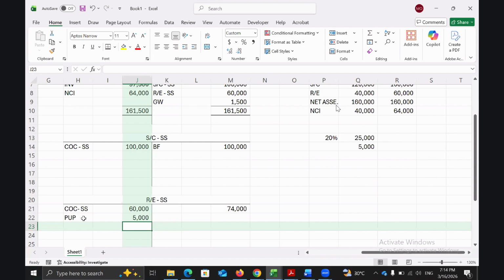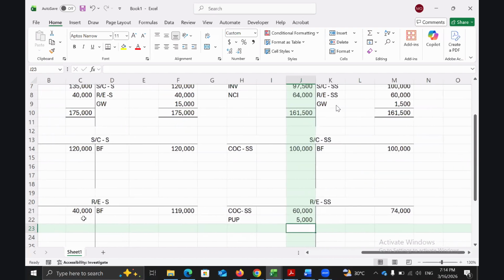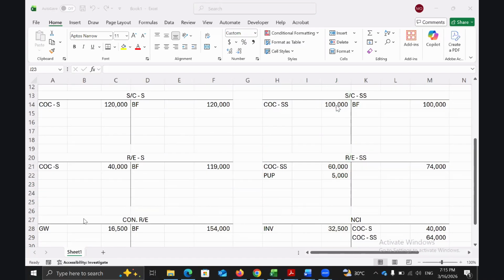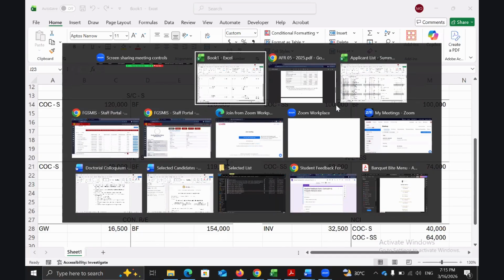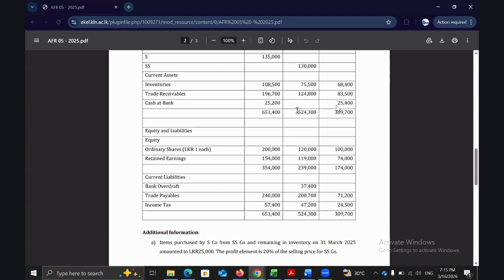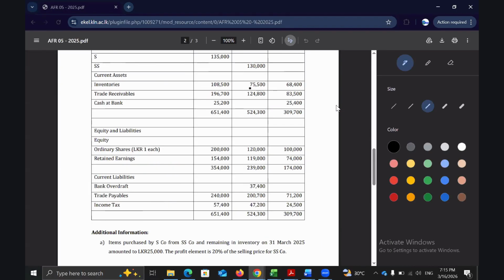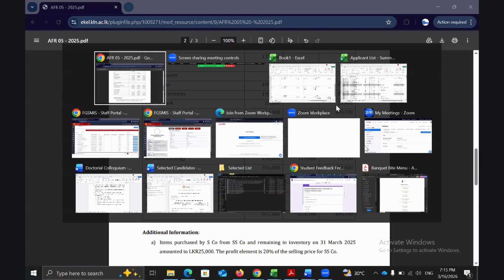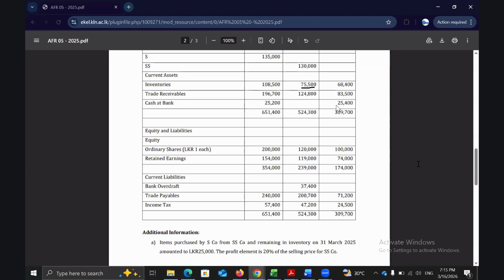And the same amount should be deducted from the inventory of entity S. Okay, we can consider it later on. Okay. In the next adjustment.